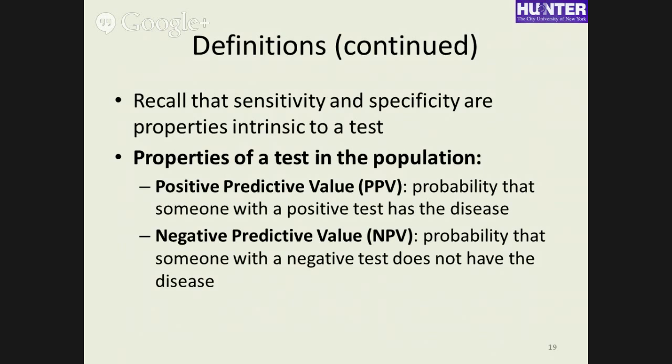Negative predictive value is the same thing, but you're predicting not having the disease. For a test with a high negative predictive value, if you get back a negative result, then you can rest easy and be confident that you do not have the disease. If it has a low negative predictive value, then a negative test doesn't mean too much. Do those ideas make sense? You can see that those are really the things that matter for how useful a screening test is.